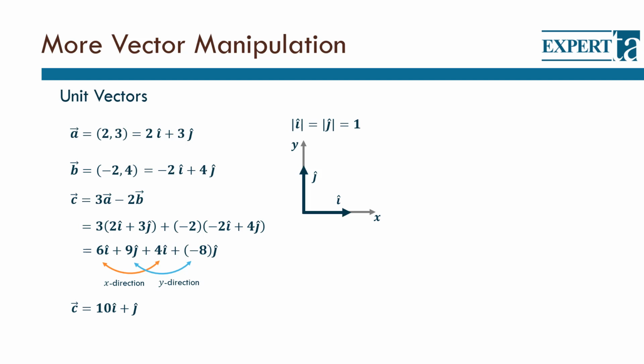Now we know that the y component of the resultant is 1 and the x component is 10, and then again we get the same thing as before: 10 squared plus 1 squared, and theta is tangent inverse of 1 over 10.